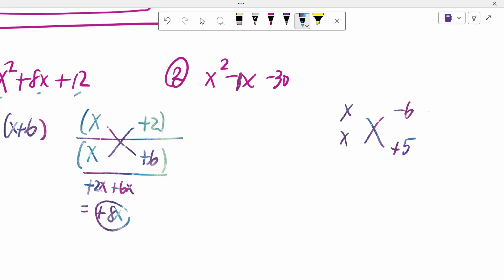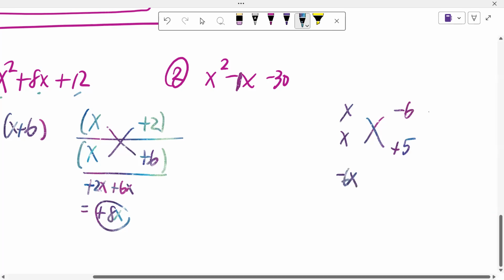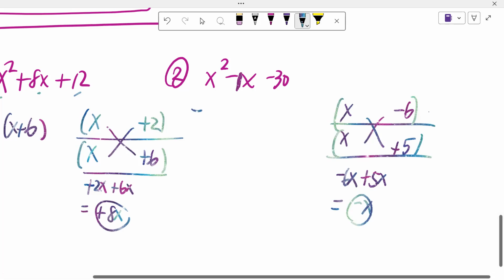So we can double check: negative 6 times x is negative 6x, 5 times x is 5x. We combine them, 5x minus 6x is minus x, and the two factors will be x minus 6, x plus 5. Any question about this?